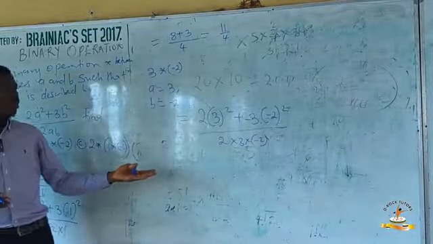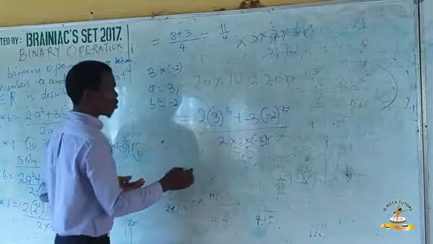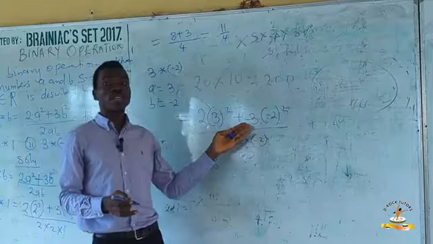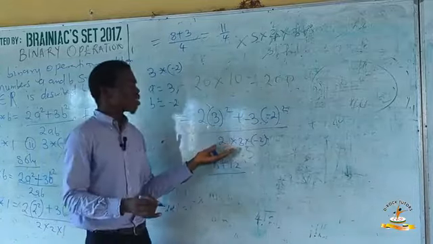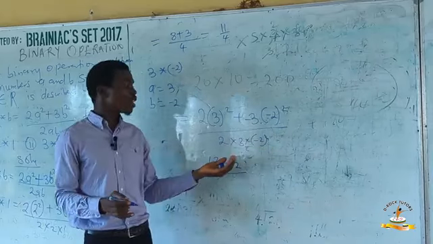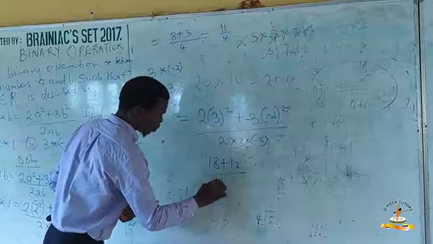Are you sure? 3 squared is 9. 9 times 2 is 18. Minus 2 squared is 4, times 3 is 12, so 18 plus 12. And divided by 2 times 3, which is 6, times minus 2 again is minus 12.